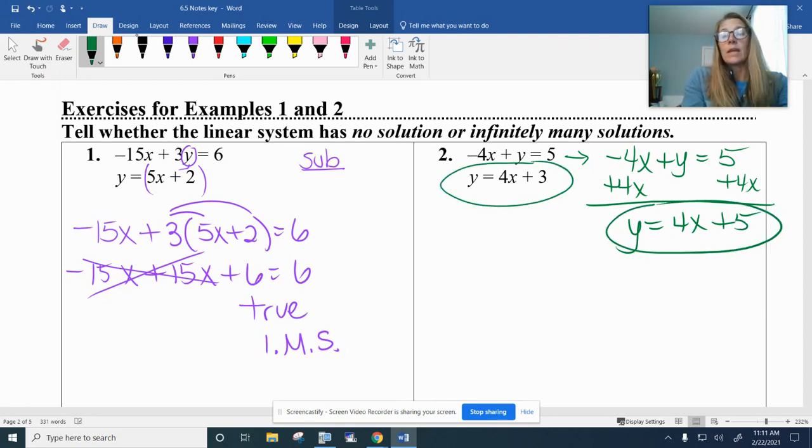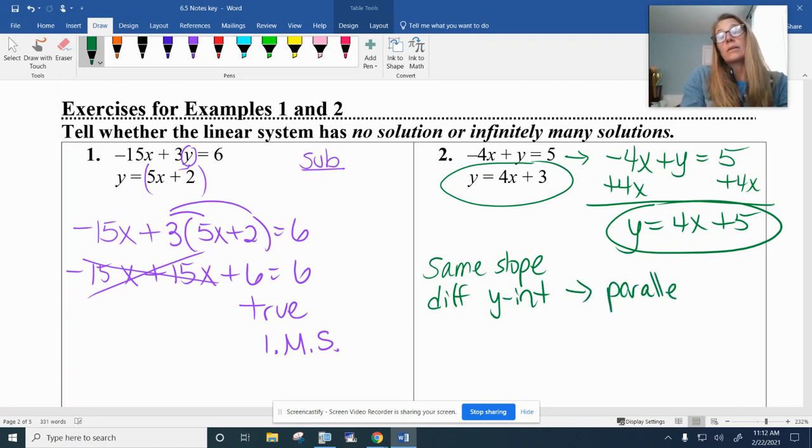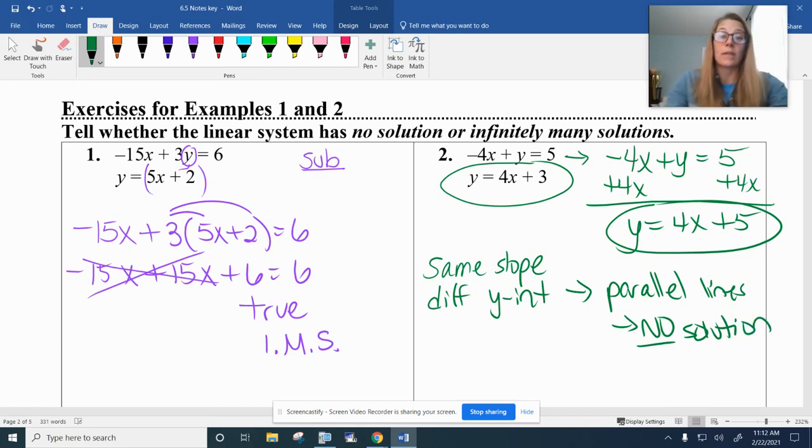They both have the same slope, but they have different y-intercepts. So that tells me they are parallel lines, which means there is no solution. They will not cross or intersect.